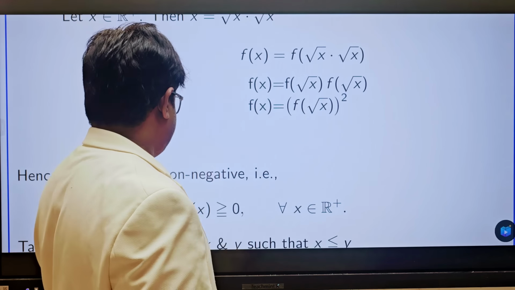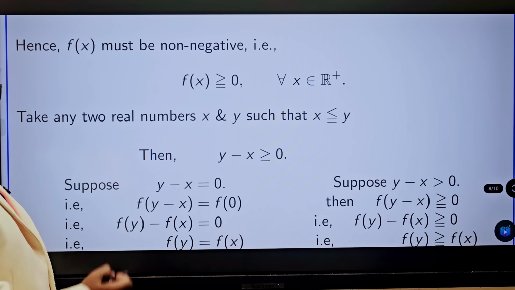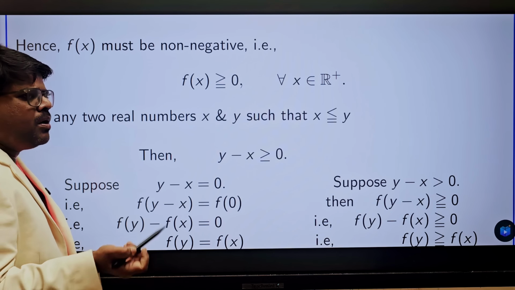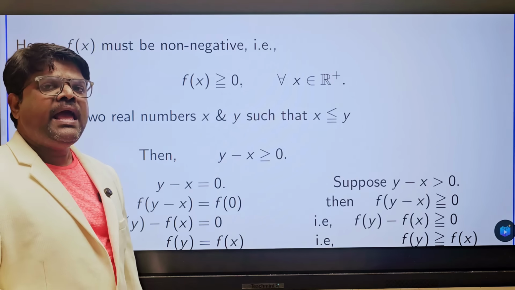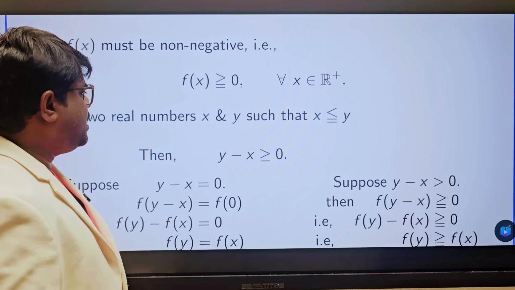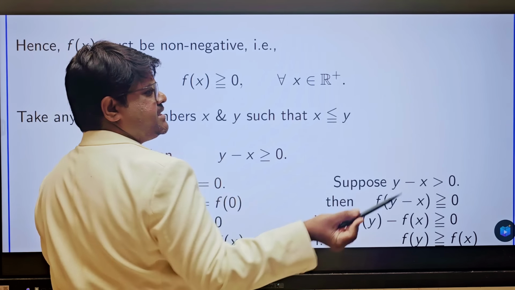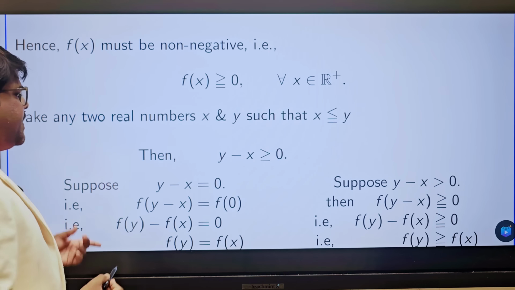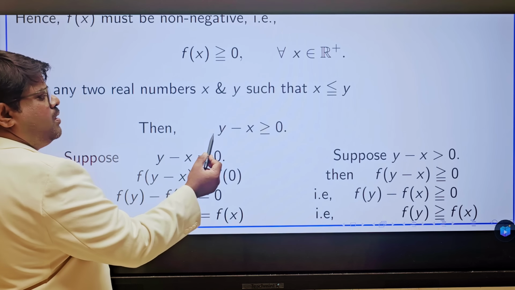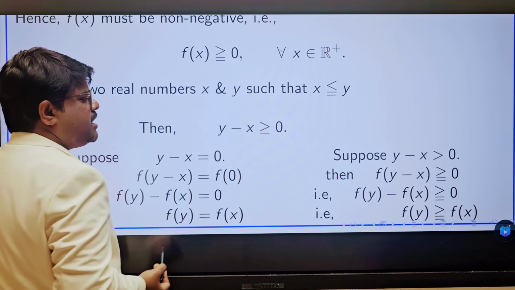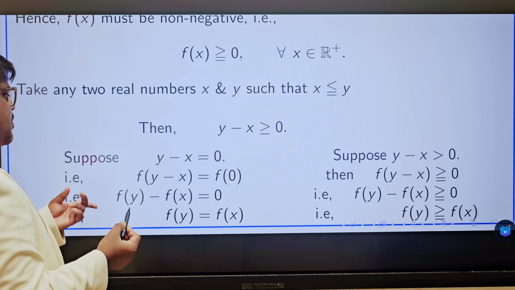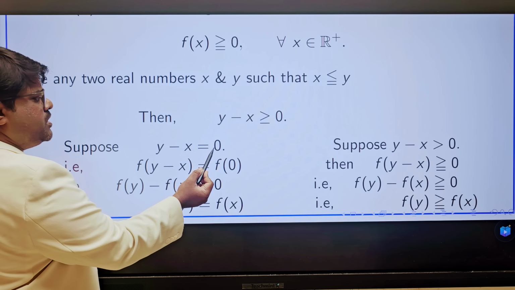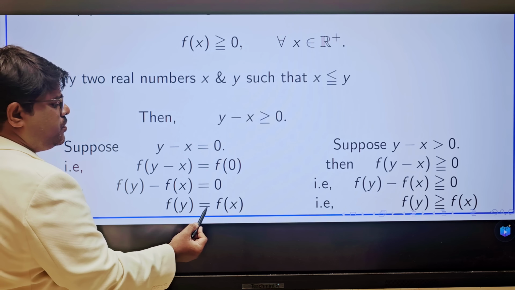Now next, we are taking any two real numbers, x and y, such that x is less than or equal to y. Then y minus x is greater than or equal to 0. Suppose y minus x equals 0, then f of x equals f of y.